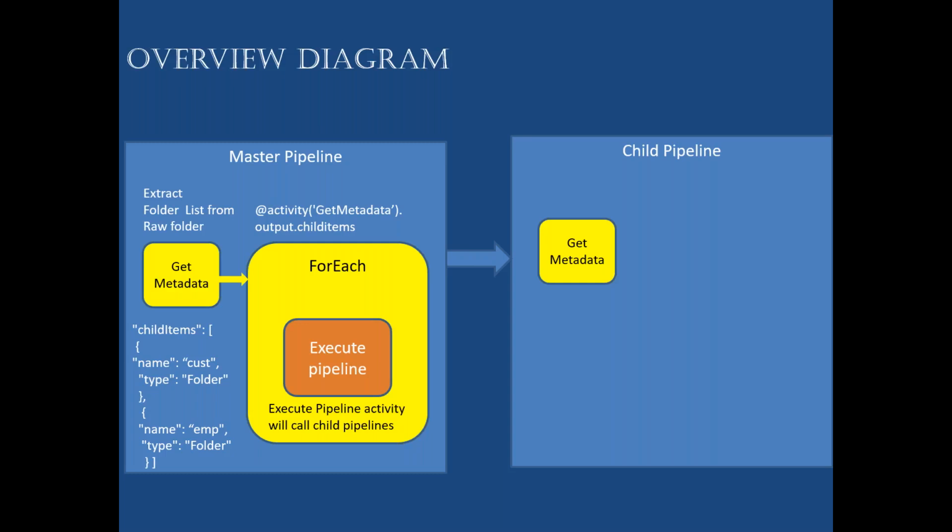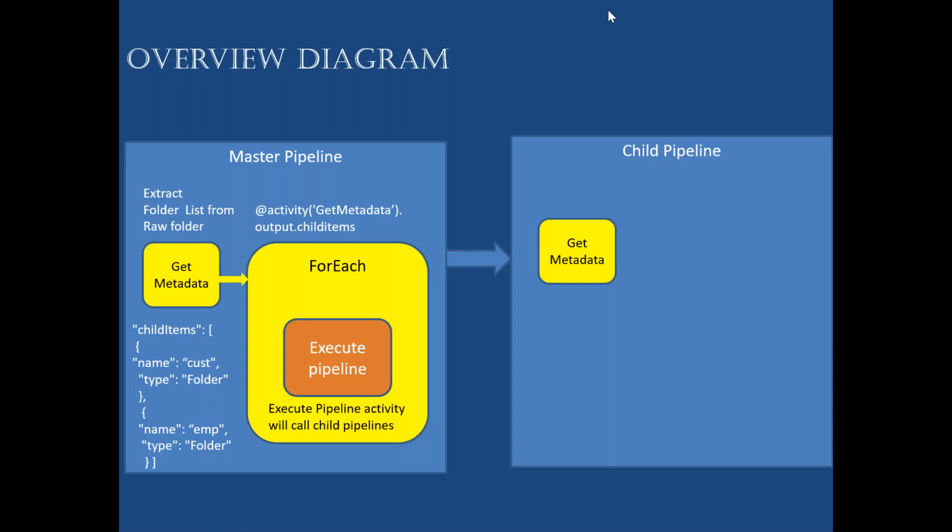Now, when you execute the child pipeline, any idea what value you are going to pass to it? Folder name. We'll pass the folders.